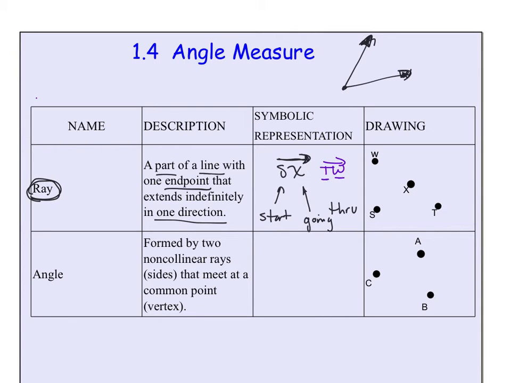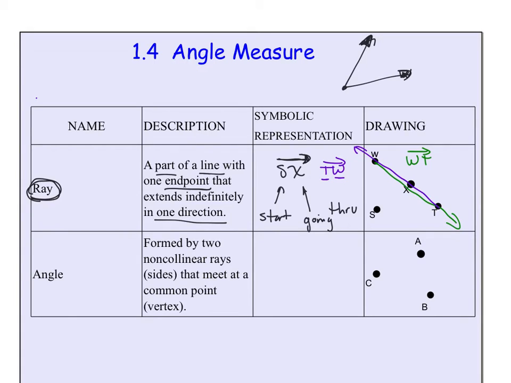That would be different if I said WT, which would go this way. So this would be ray WT versus this one, which would be ray TW. Okay, so order matters in this situation.